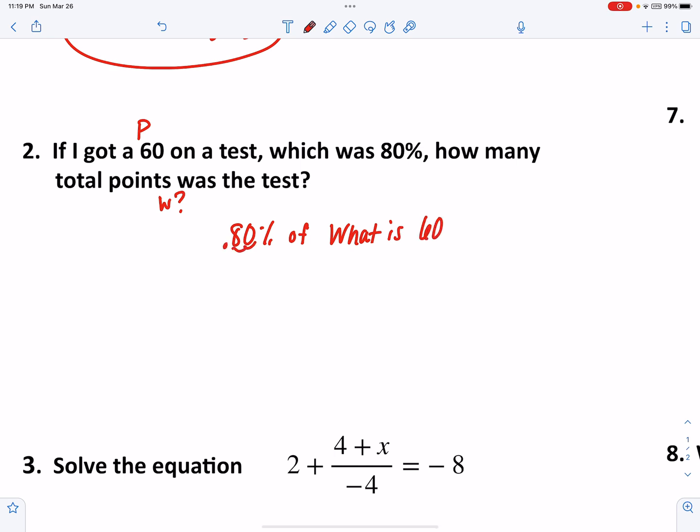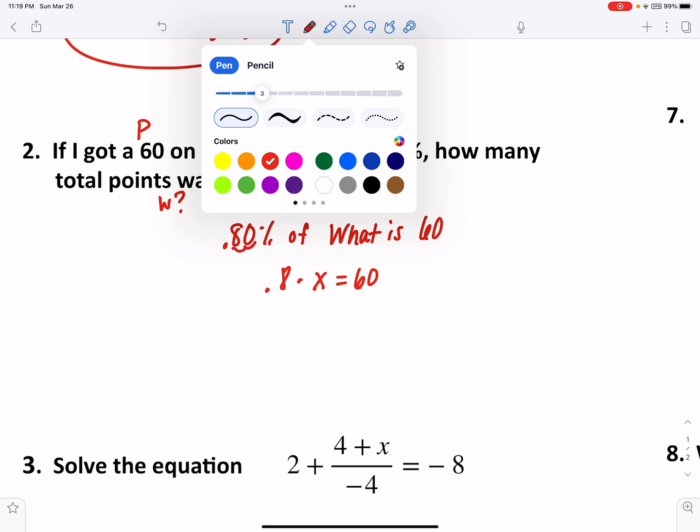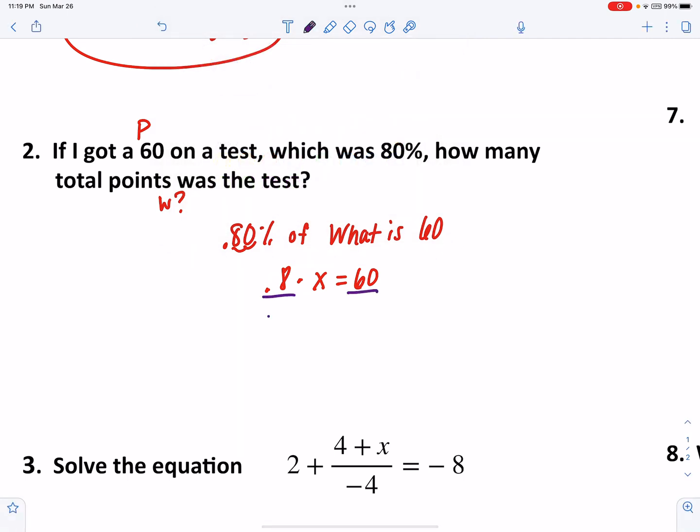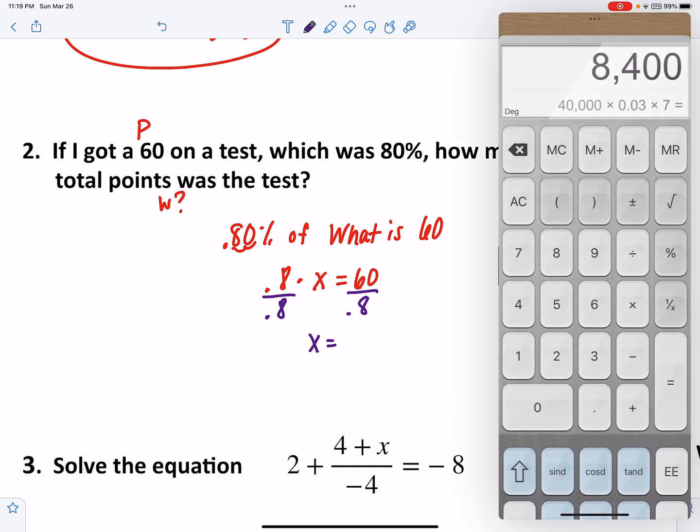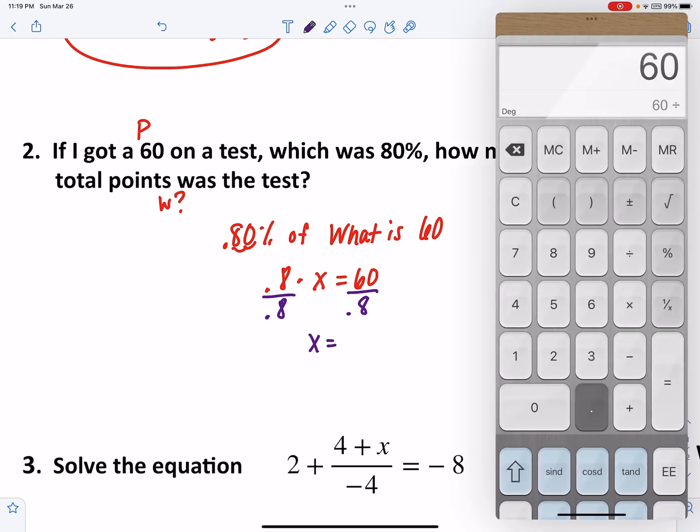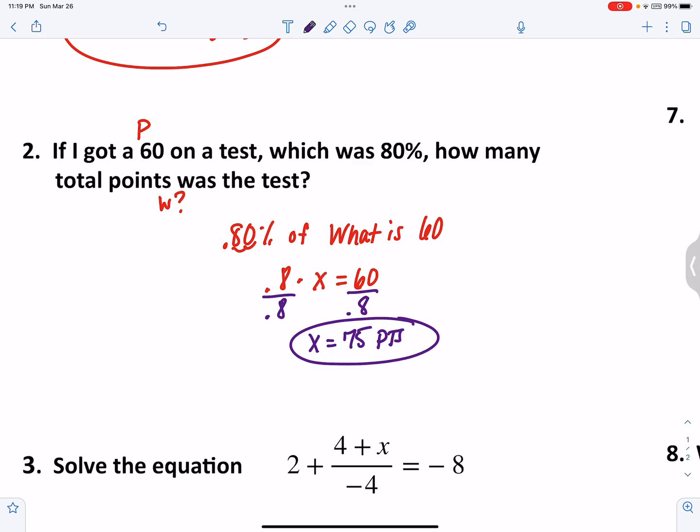And so swoop, 0.8 times x equals 60. And then we'll go ahead and divide by 0.8 on both sides to isolate the variable. We get 60 divided by 0.8, and it lets us know that the test originally was 75 points. So 80% of what whole? 80% of 75 is 60.